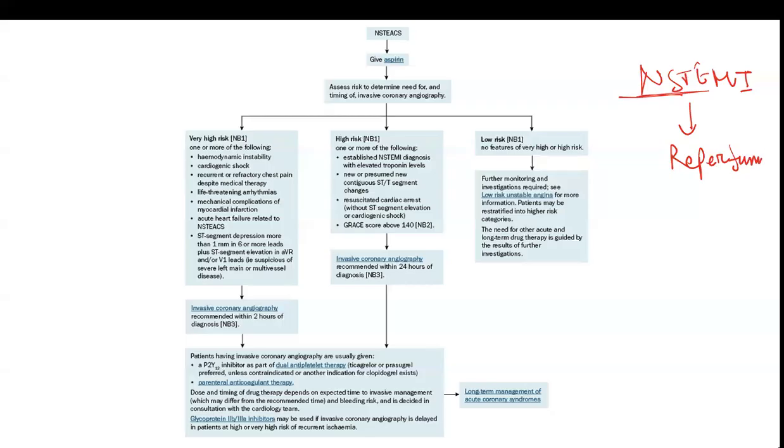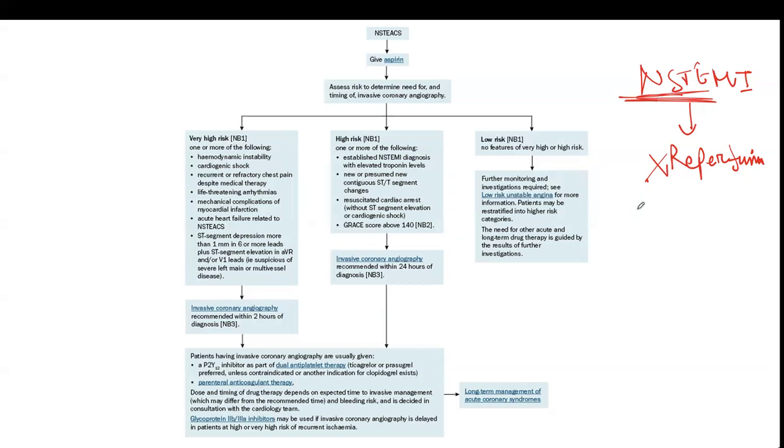That means you don't need to take the patient immediately, unless the patient is at very significant high risk. So remember one thing, immediate reperfusion, like percutaneous coronary intervention or thrombolytics, is not needed for a non-ST elevated MI. They will need a coronary angiogram, but it can take 24 hours, even a few days. That's fine.